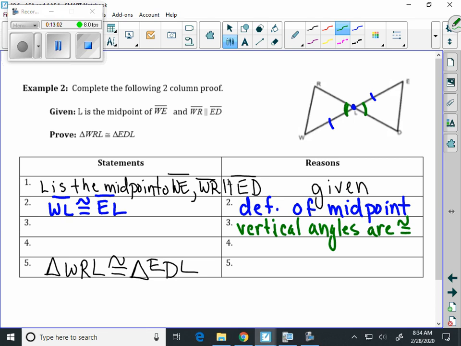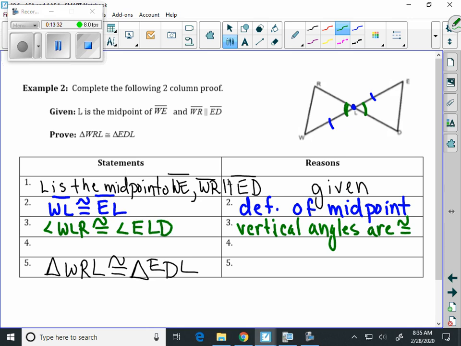But the way I named it is I did angle WLR. So that was a 1 tick mark, and then an angle, then a no tick mark. In our other triangle then, I need to do ELD, because it's 1 tick mark, 1 angle, and then no tick mark.